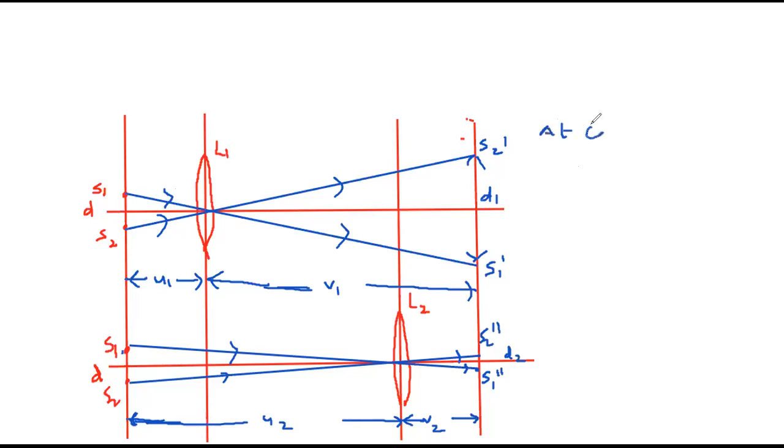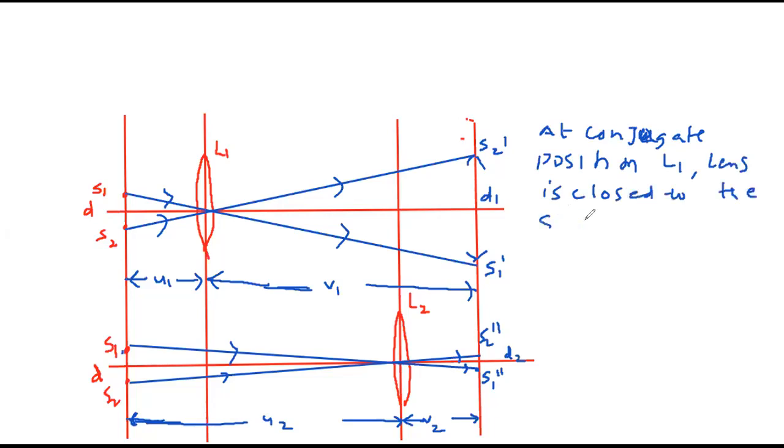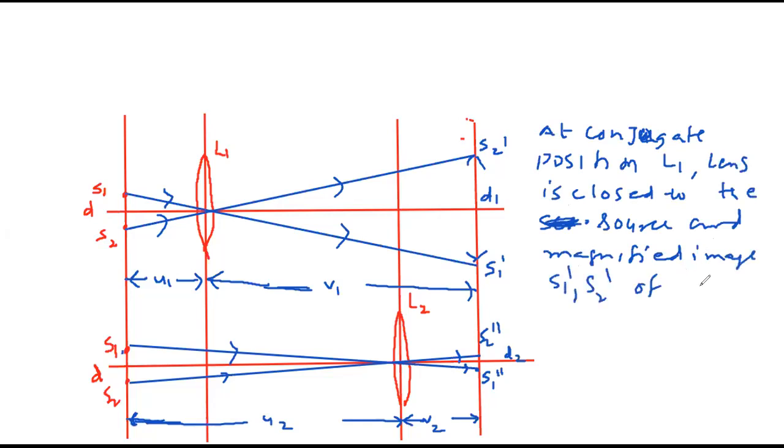At conjugate position L1, the lens is close to the source, and a magnified image S1 dash, S2 dash of height D1 is obtained.